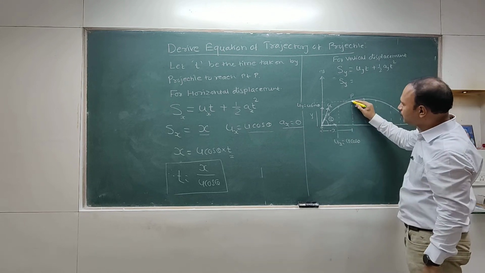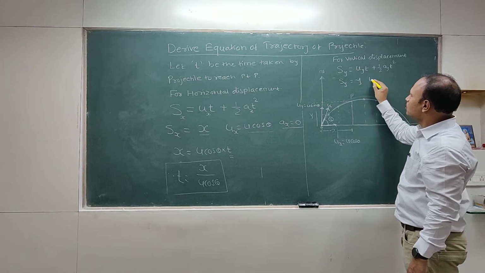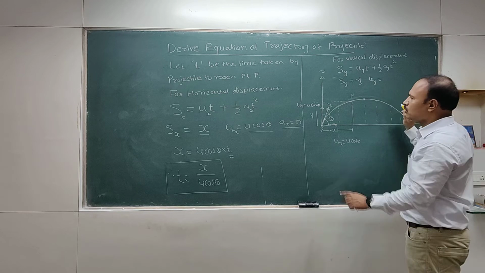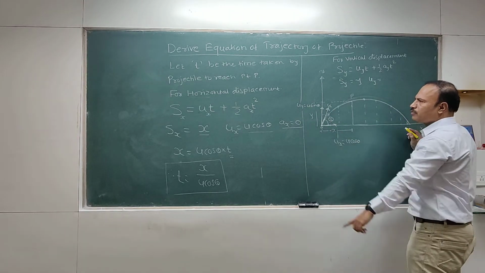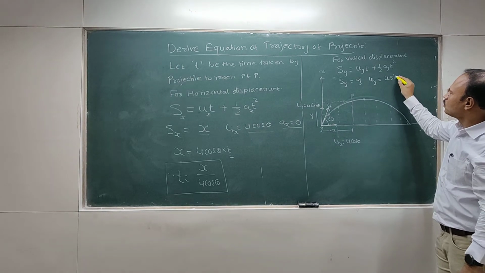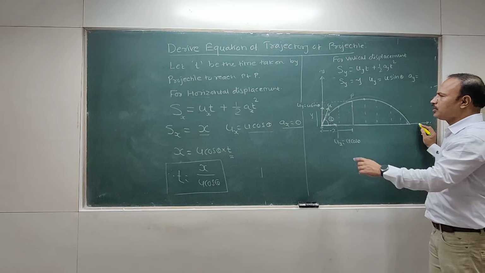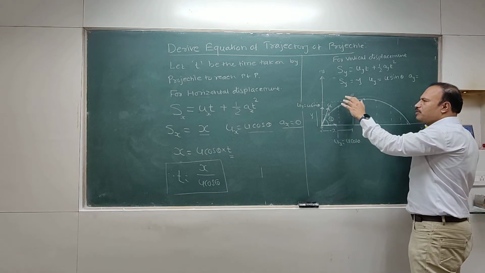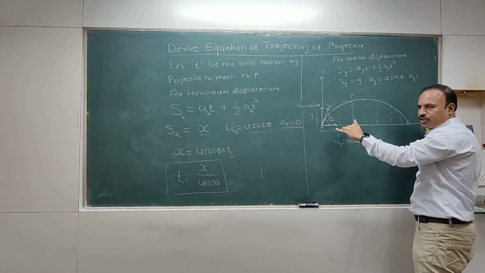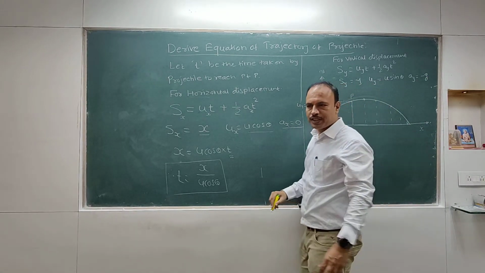So up to here the vertical displacement is y. uy, the vertical component of velocity, is u sin theta. ay: even if the particle is moving upward, it has a downward acceleration due to gravity, so ay must be taken as minus.